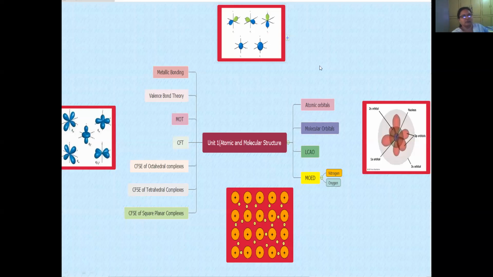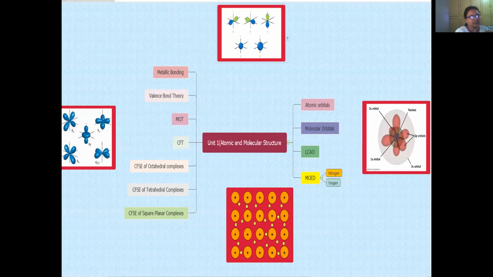We have seen the atomic and molecular structure introduction and the history, what various scientists have done, how they discovered the nucleus, then neutron, electron, proton, and how they gave the relationship between neutron, proton, and electron.